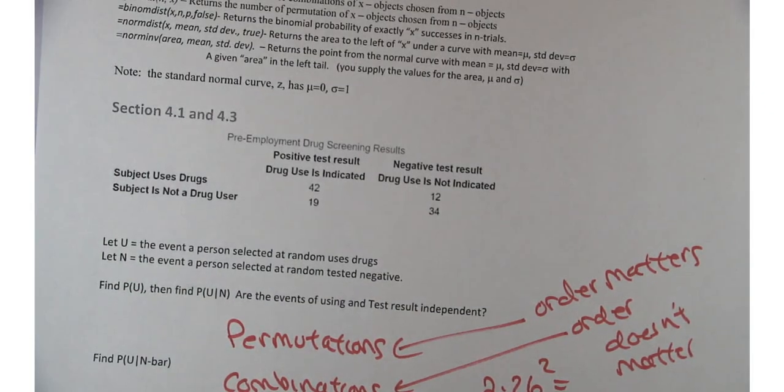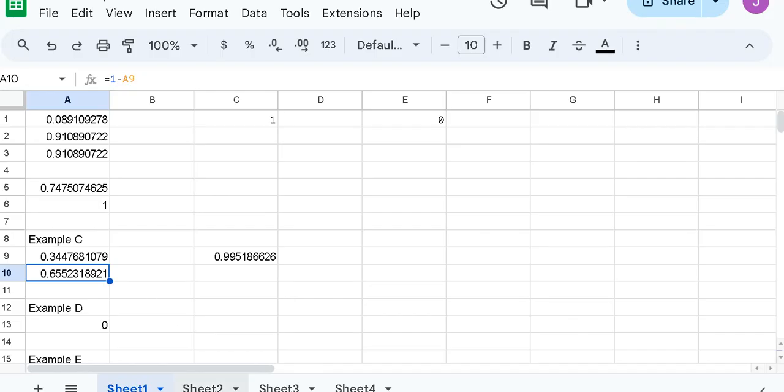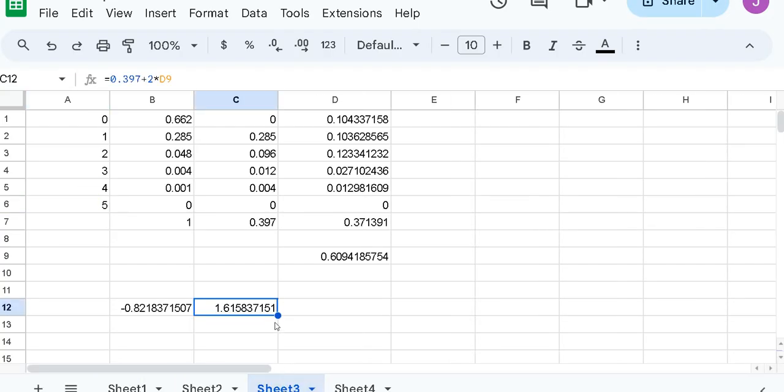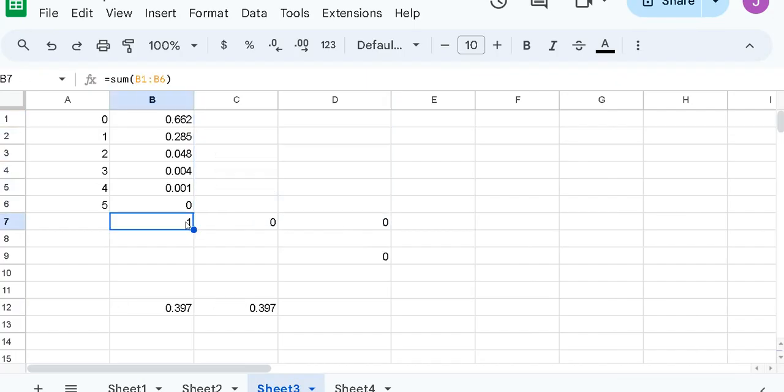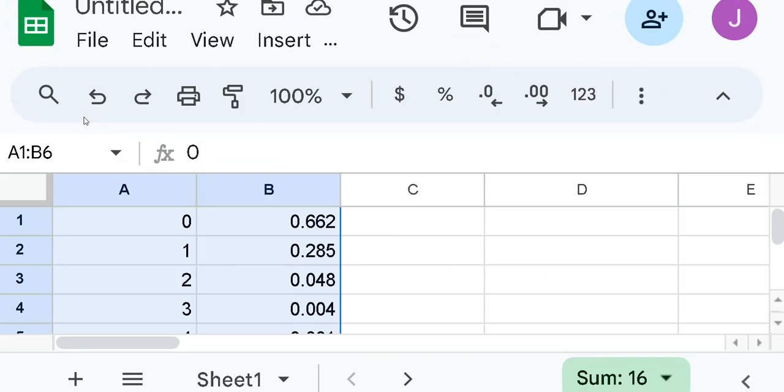All right, this next part is going to require a little bit of Google Sheets work. So let's take a look at that. I'm going to remind you I'm calculating the mean and standard deviation of a probability distribution. If you want to follow along, this is what you should type into your Google Sheets.